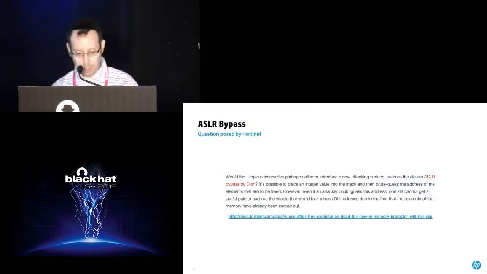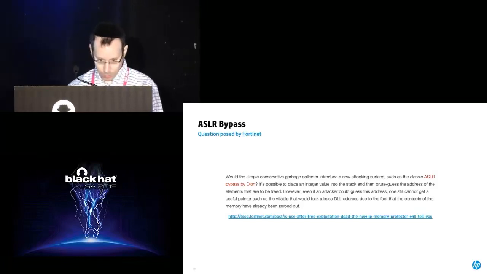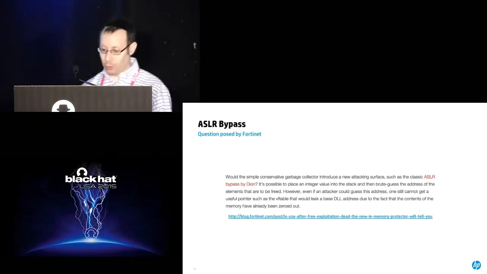To paraphrase from that post, back in 2013, Dion showed how conservative garbage collectors used by script engines can be attacked to leak information about heap addresses. Does memory protection provide a new attack surface for a similar attack?